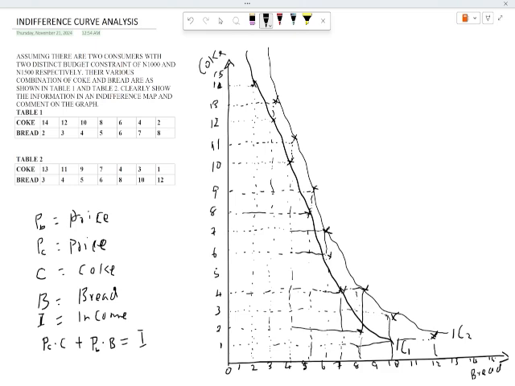indifference curve is that two indifference curves do not cross. You cannot have an indifference curve like this. You can't have something like that. You can only have an indifference curve like this in an indifference map. You understand?